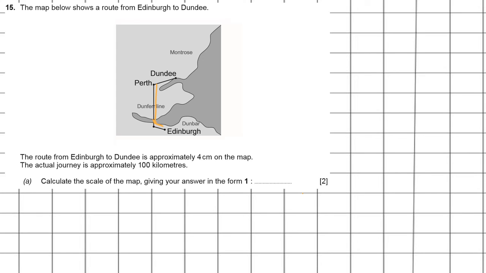So the actual journey is 100. So 4 centimetres equals 100 kilometres. So therefore 1 centimetre equals 25 kilometres.